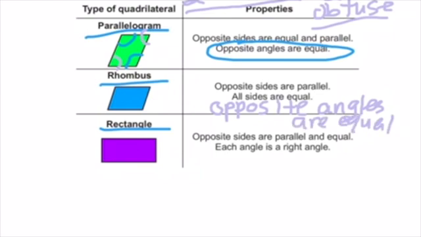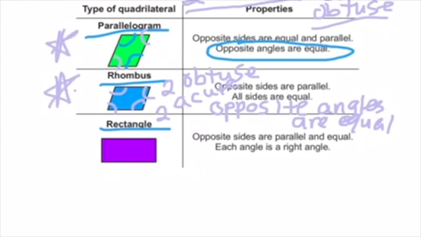Remember, the only thing that made the rhombus different than the parallelogram is that the sides are the same length for a rhombus, and the opposite sides are the same for the parallelogram. But I have two obtuse and two acute angles for the rhombus, just like with the parallelogram. So that's a rule with angles for parallelogram and rhombus.